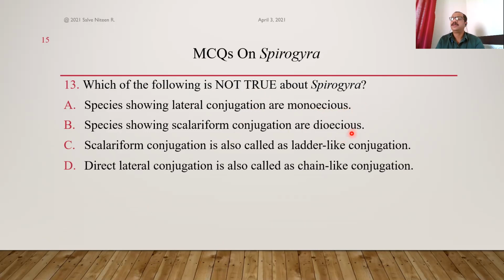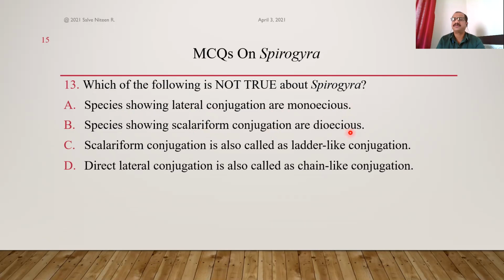And dioecious means unisexual, two different thalli, heterothallic species, that is, male and female plants are separate. So that condition is called dioecious. When male and female sex organs or gametangia are present on the same plant body, the species are called monoecious. So species showing lateral conjugation are monoecious. That is right, bisexual.